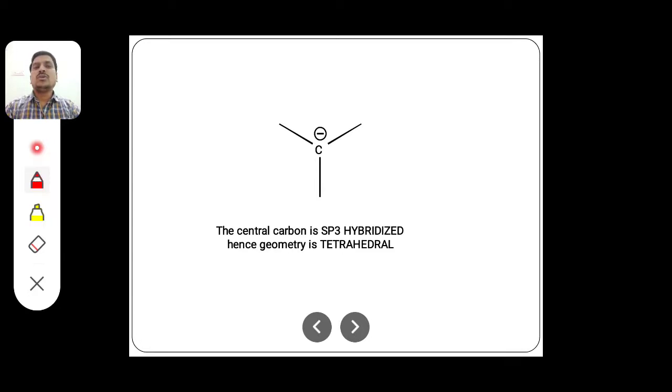So those 4 atomic orbitals around carbon will arrange themselves tetrahedrally, and the central negatively charged carbon will acquire sp3 hybridization, and hence the geometry will become tetrahedral.